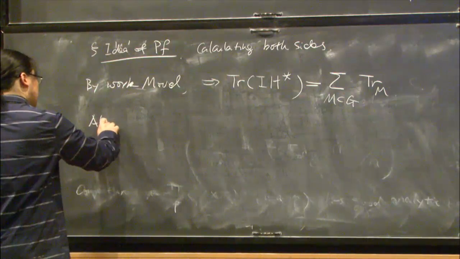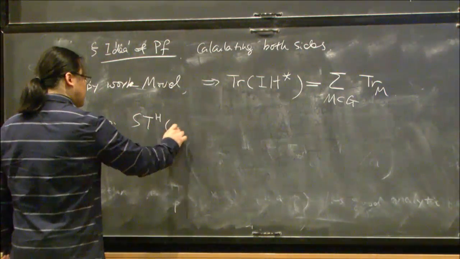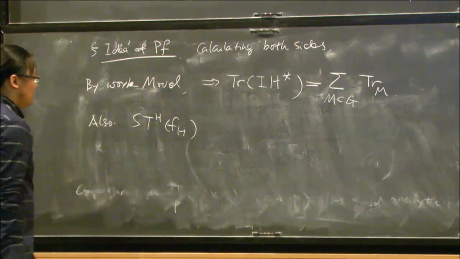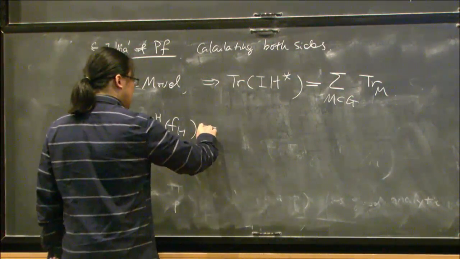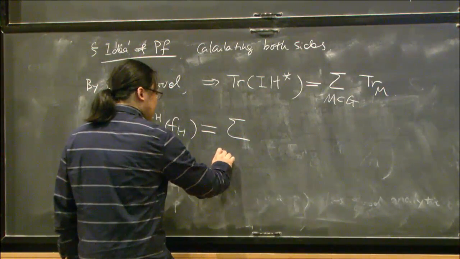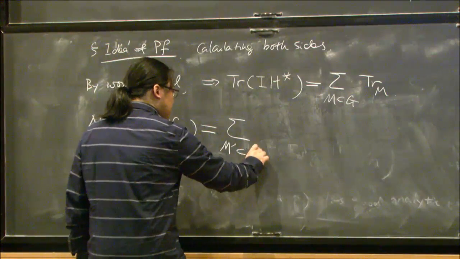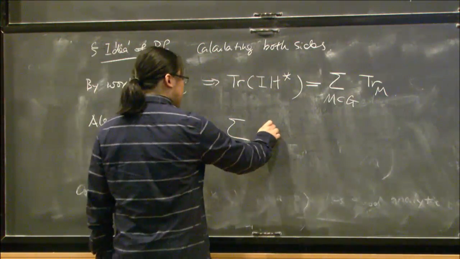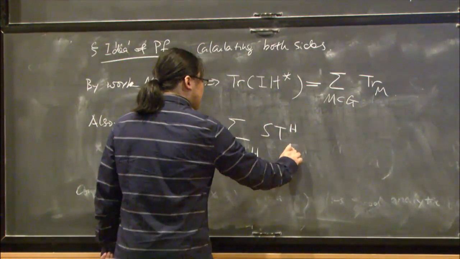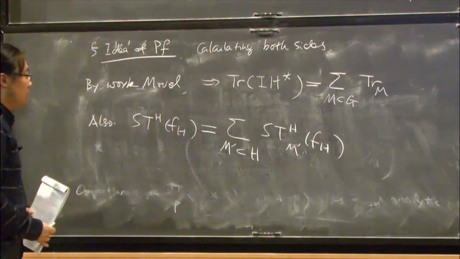Also, for the right-hand side, this stable trace formula of f_H can also be split into a sum indexed by Q-Levi subgroups M' of H of terms ST^{H,M'}(f_H).